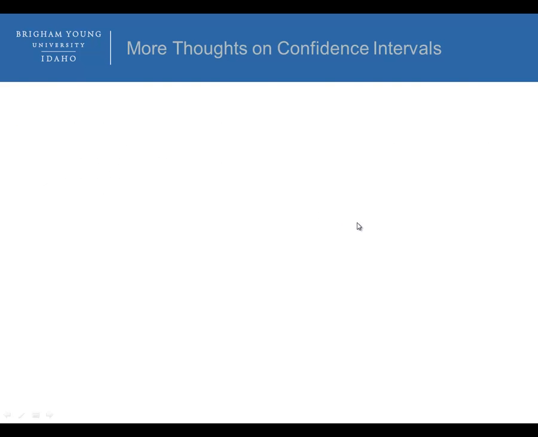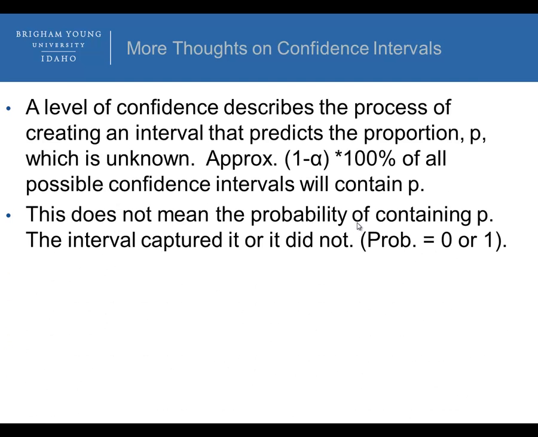Now, a couple more thoughts on confidence intervals. A level of confidence describes the process of creating an interval that predicts the proportion p, which is unknown. So approximately (1 minus alpha) times 100% of all possible confidence intervals contain p. So if alpha is equal to 0.05, we have a 95% confidence interval.